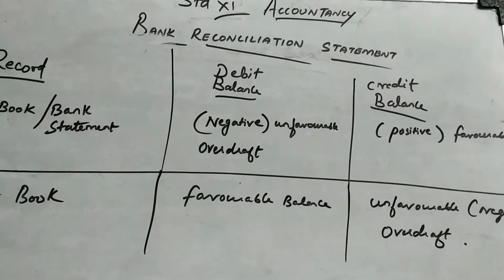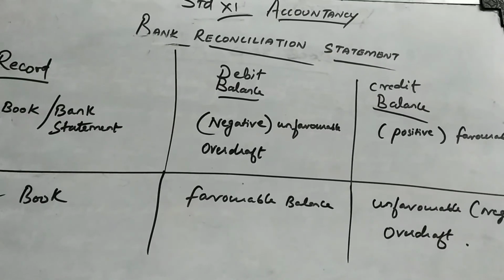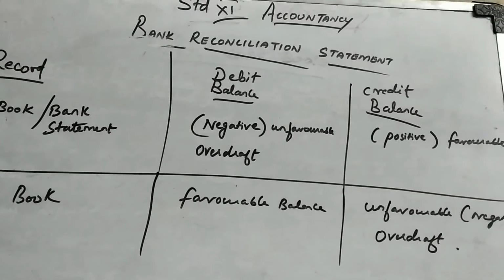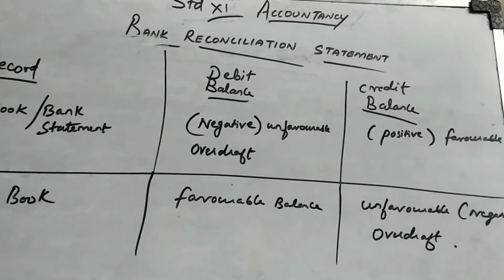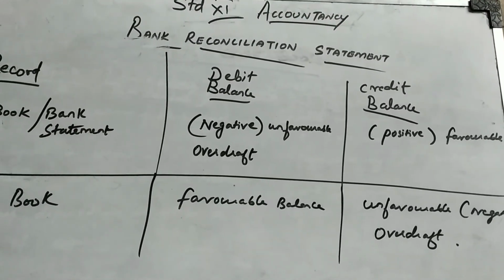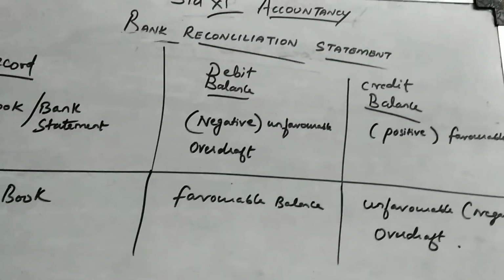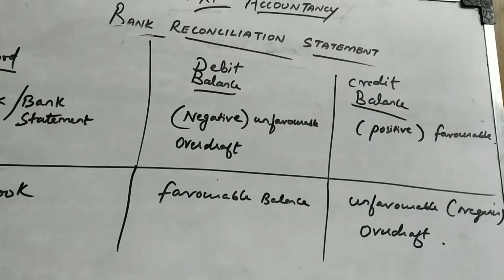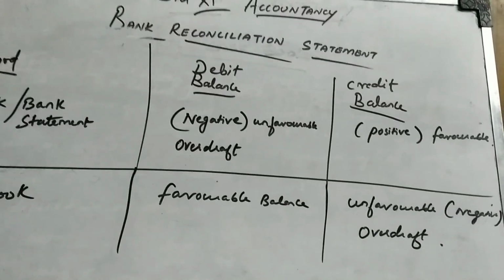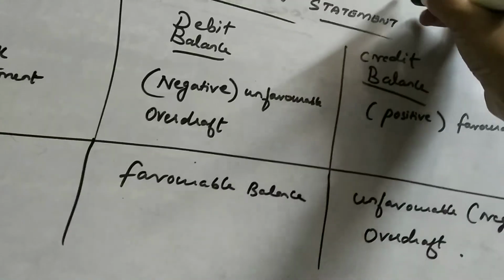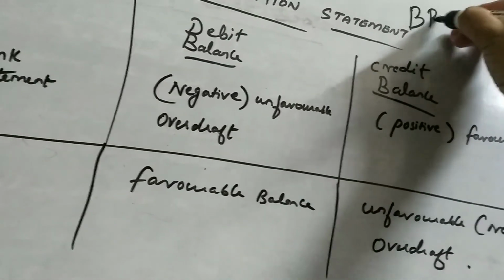Now we are going to patch up the difference between cash book and passbook using a statement called bank reconciliation statement. In short, we call it BRS, bank reconciliation statement. You can refer to it as BRS in short.